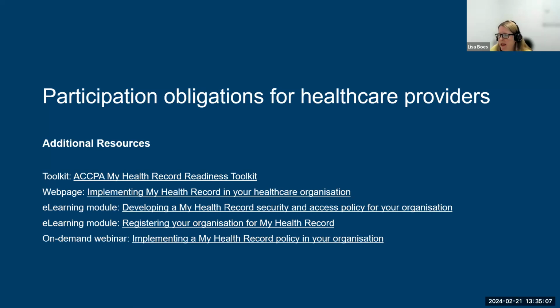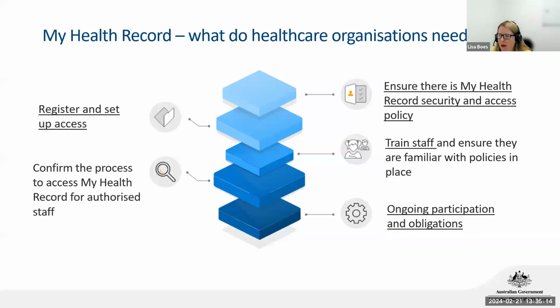So, participation obligations for healthcare providers. What do organisations need to do? To participate in My Health Record, there are 5 key participation requirements. One, all organisations engaging with the My Health Record system must have a My Health Record security and access policy in place. These must be in place prior to registration into the system.